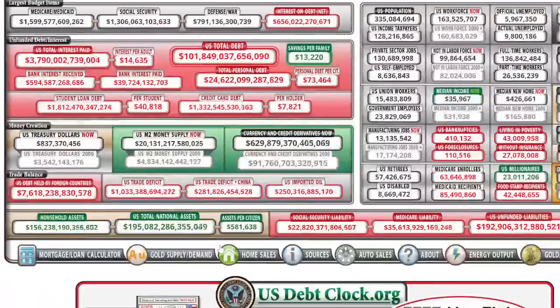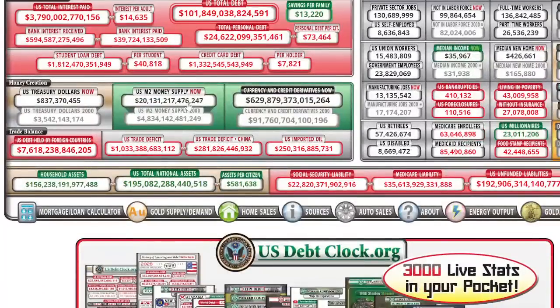So let's take a look here at the money supply, and you can see that this number is ticking downward. In other words, what's happening is they're taking in more digitally than they're issuing out. So it's shrinking, but only slightly. But nonetheless, all these other numbers in the red are very scary things.